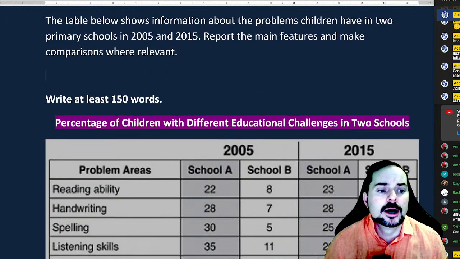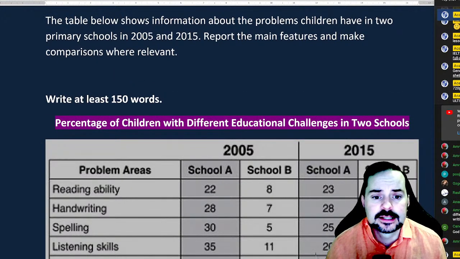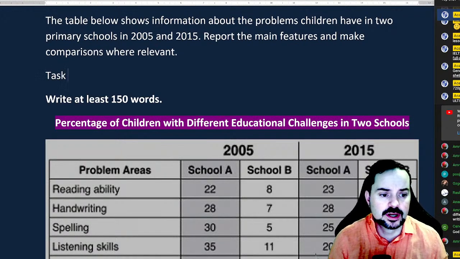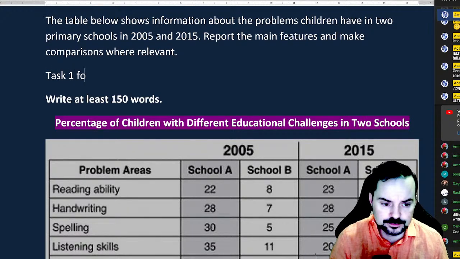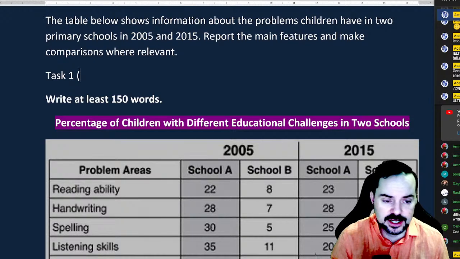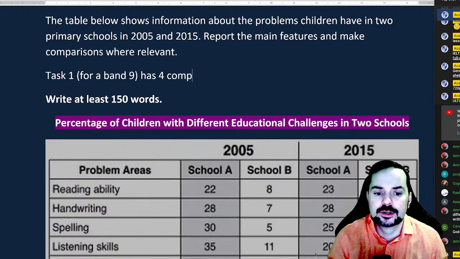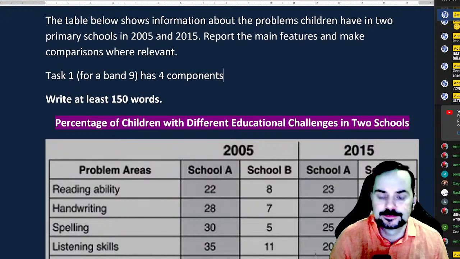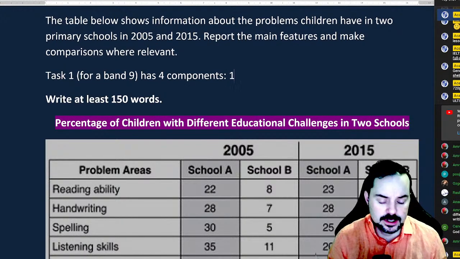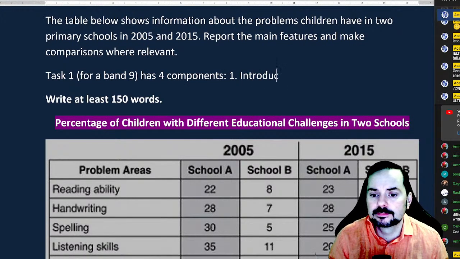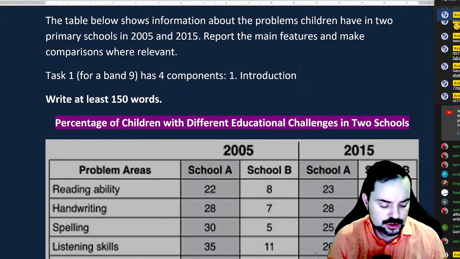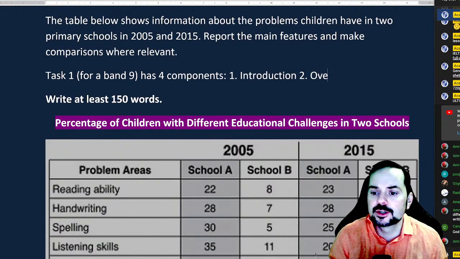Okay, so task 1 has 4 parts. Okay, for band 9 anyway. Has 4 components. Okay, number 1 is introduction. Number 2 is the overview.